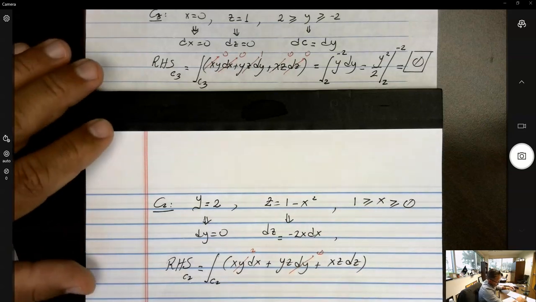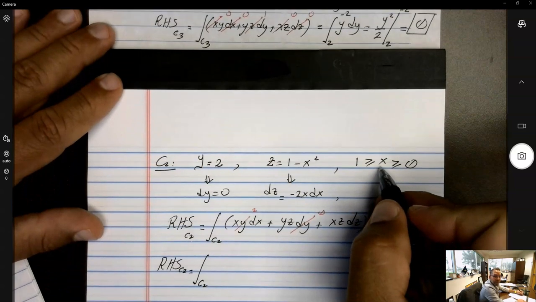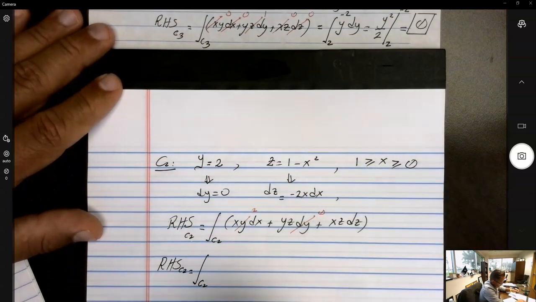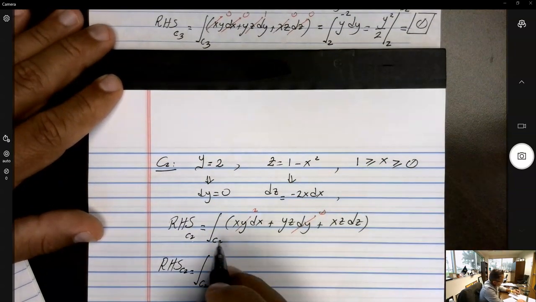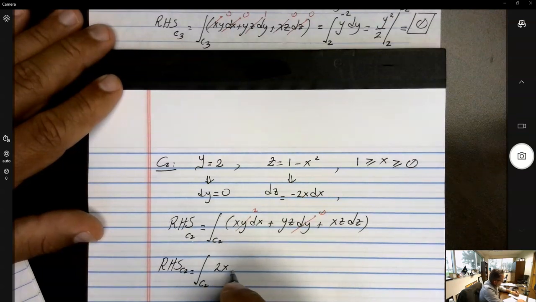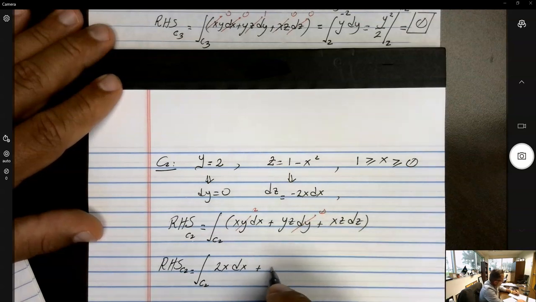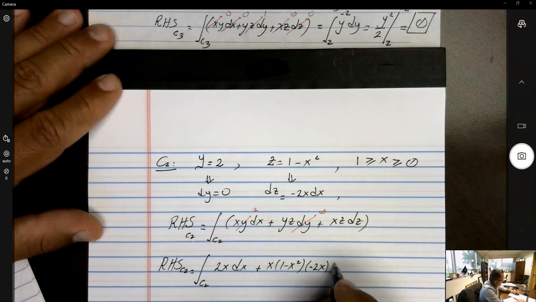So basically the right hand side along C2 is equal to the integral, for limits of integration in x from 1 to 0, of 2x dx, this one goes away, plus x times (1 minus x squared) times minus 2x dx.